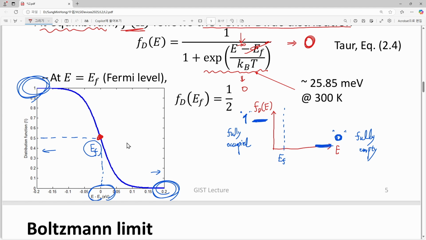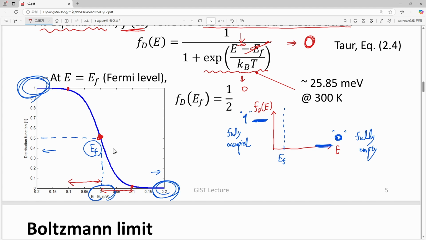And please have a look at, well, maybe within this energy and that energy range. So it is sufficient to have almost close value to 1 or almost close value to 0.